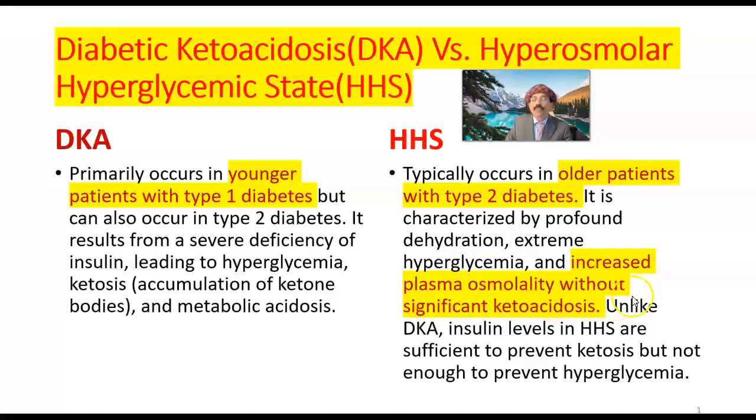Increased plasma osmolality without significant ketoacidosis. Even there may be no ketone in the body in hyperosmolar hyperglycemic state. Unlike diabetic ketoacidosis, insulin levels in hyperosmolar hyperglycemic state are sufficient to prevent ketosis but not enough to prevent hyperglycemia.